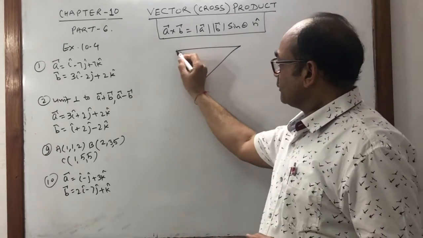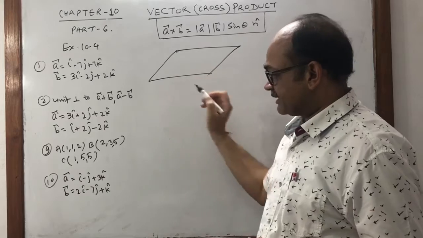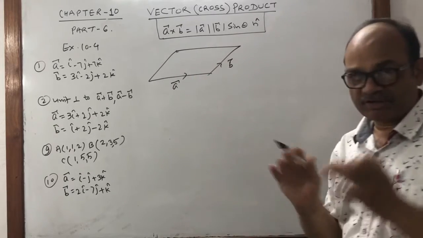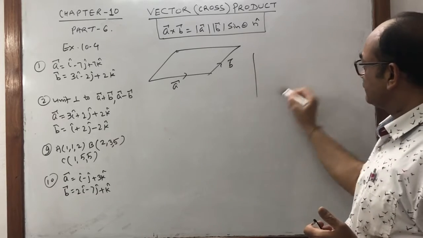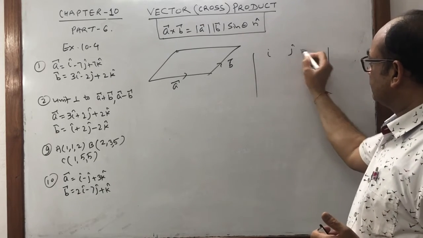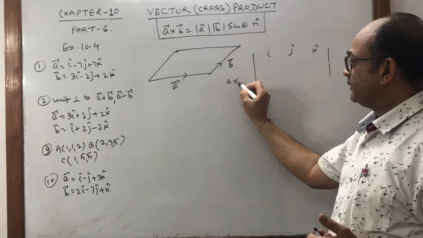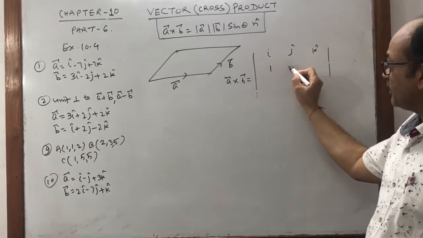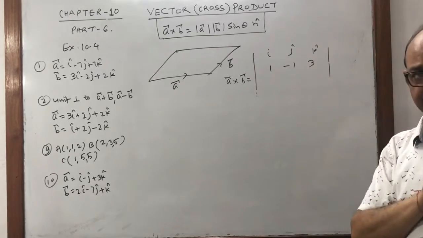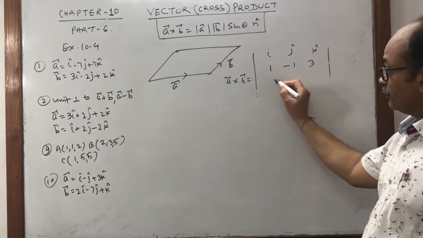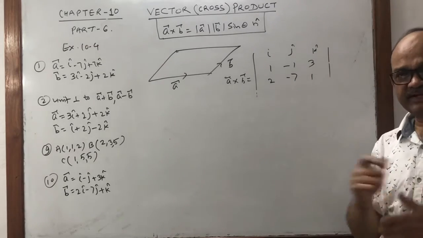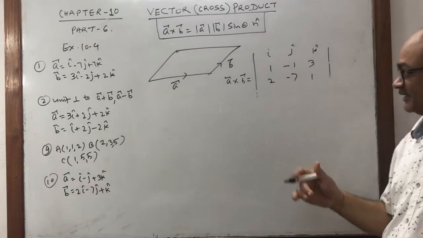Parallelogram, you have adjacent sides given, say vector A and say vector B. We want to calculate the area. The same concept. First you have to calculate A cross B, and A cross B is first row, then 1 minus 1 3, and the third row 2 minus 7 and 1. Revision again and again, same repetition of the determinant.